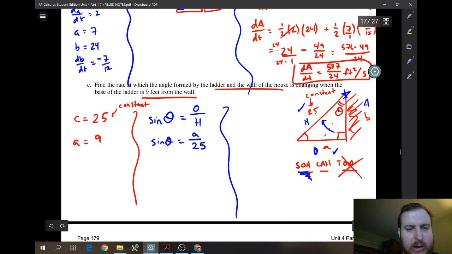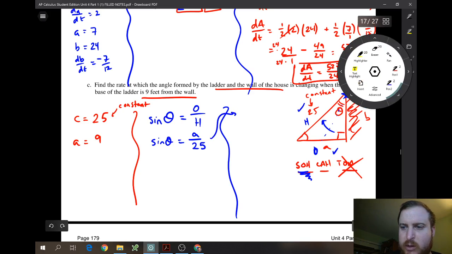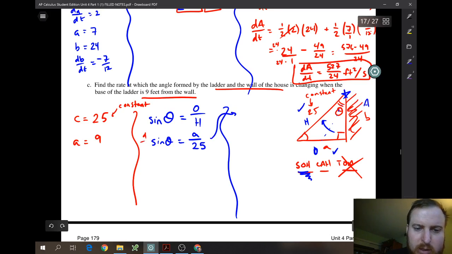Okay. Now, from here, we can take the derivative. Once we've plugged in the constants, we always want to go ahead and take the derivative. So what I'm going to do is say, let's do d/dt of both sides. The derivative of sine is cosine, but then times d theta dt, right? Because we're doing it with respect to t.